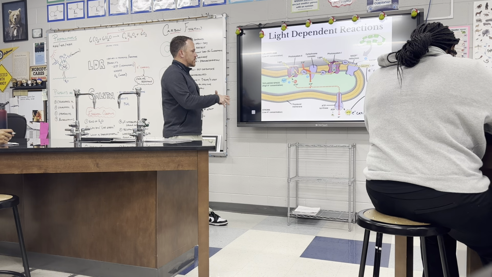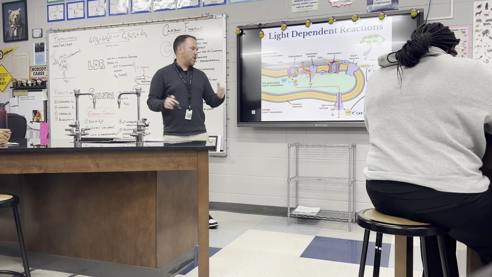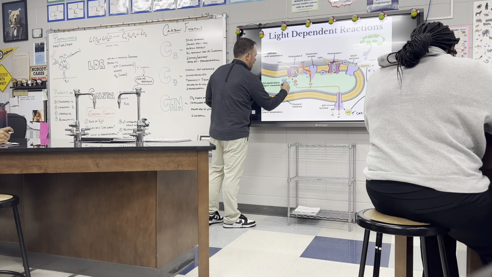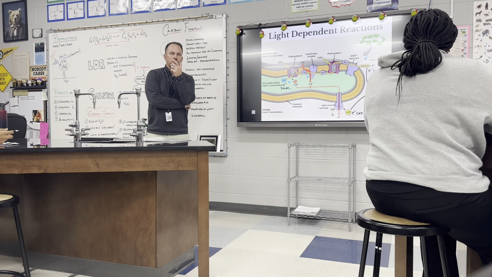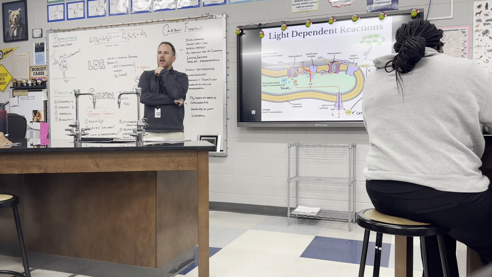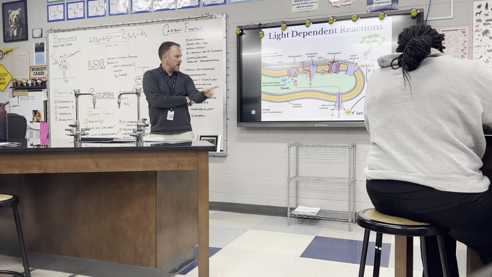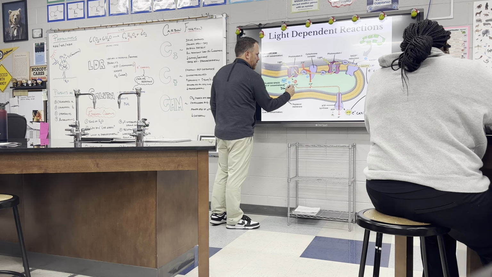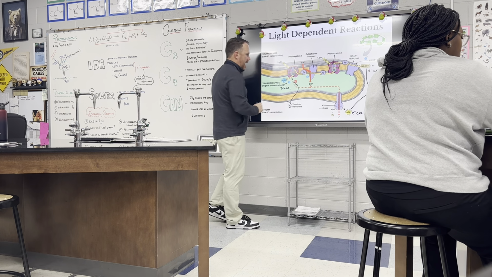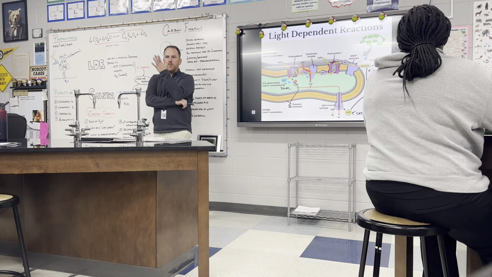Now we get into where the electrons come from. And what we said yesterday is that's the purpose of water. Water is our electron donor. So water is going to go through hydrolysis, it's going to break down, it's going to release oxygen gas, as you can see right here. Now, one thing I want you to pay attention to is oxygen gas just diffuses out immediately.